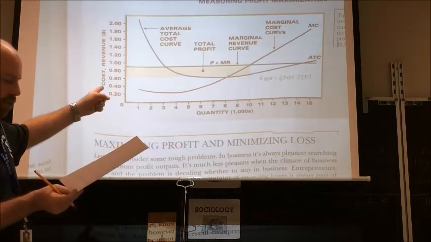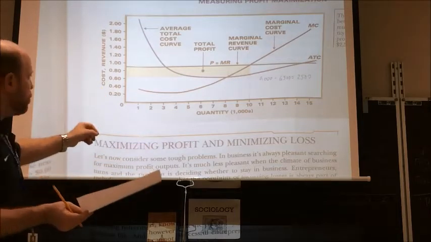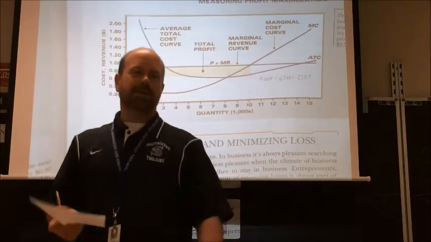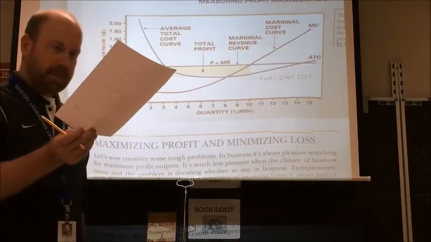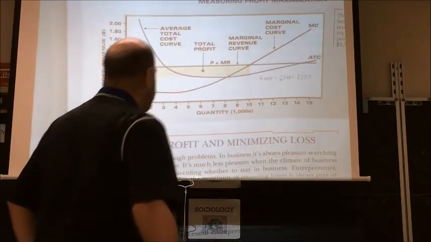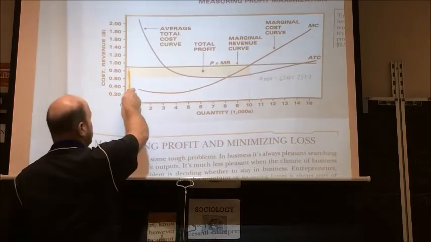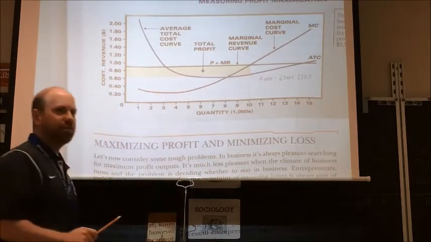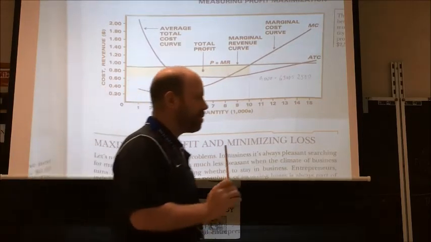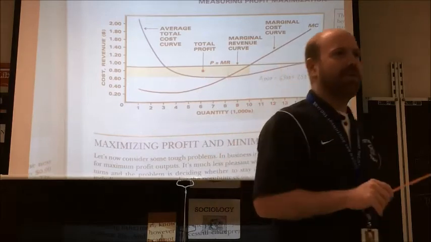As output is increasing, as quantity is increasing, what's happening to that? It remains constant. Right. Because every time you sell that next pizza, you're making the same amount of extra revenue. That's not true necessarily for some of the other markets, but for pure competition it is.